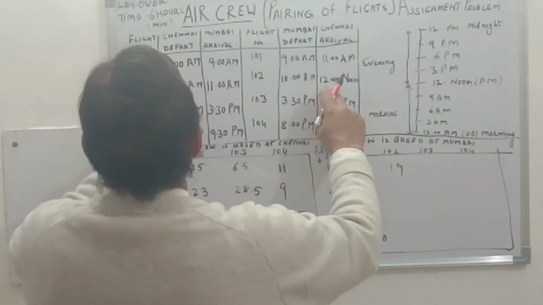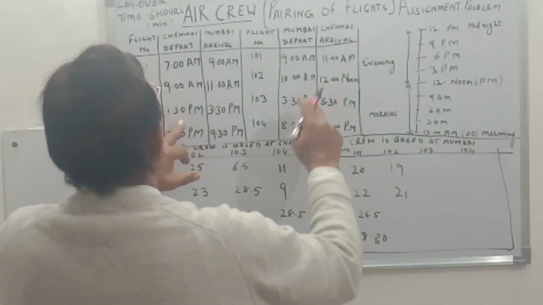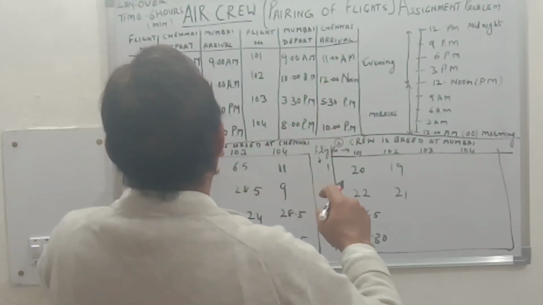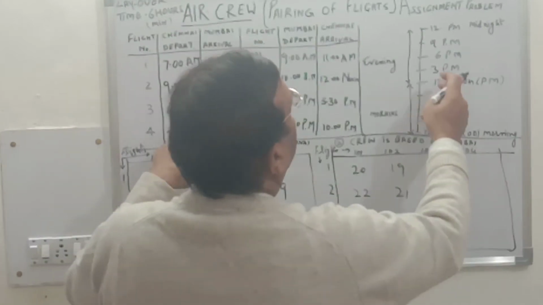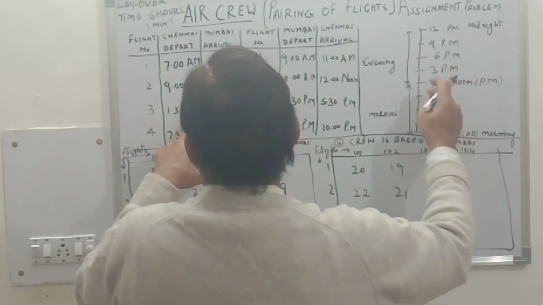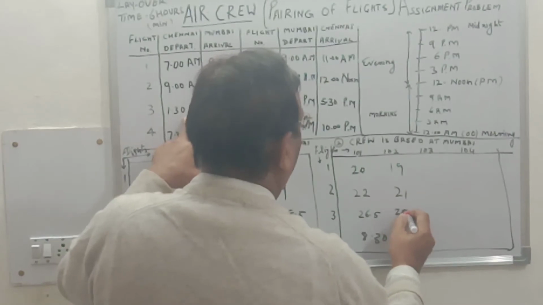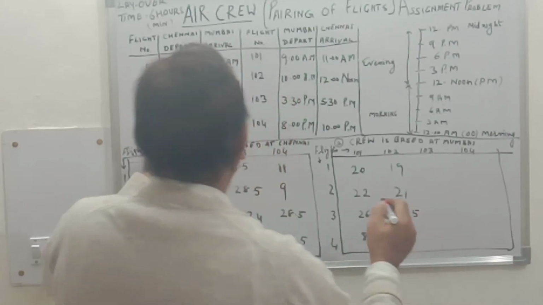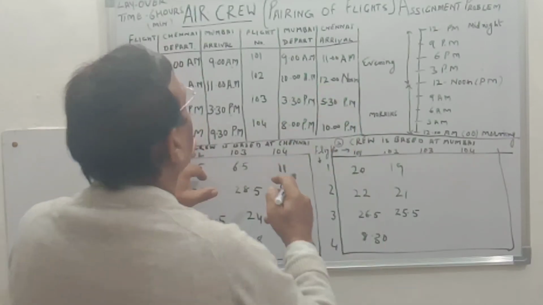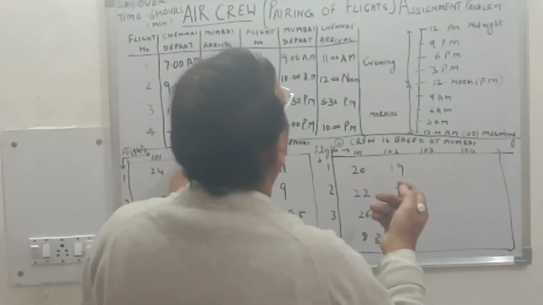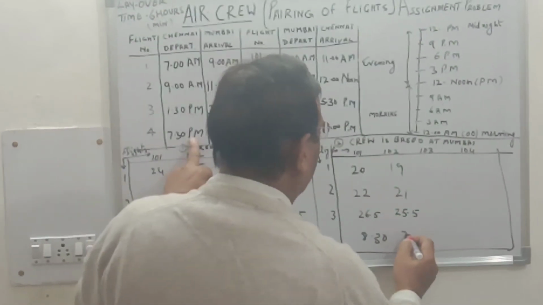Then 12 noon to 9 a.m., 21. 12 noon to 1:30 p.m. is very hardly 1.5 hours. You can add 24. Then 12 noon to 7:30 is 7:30.